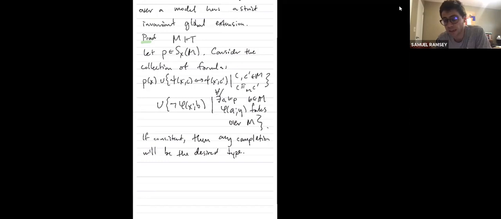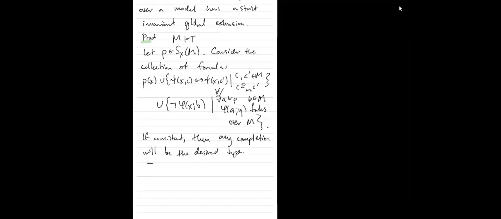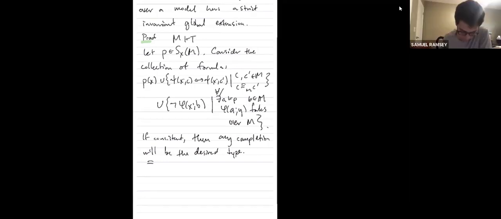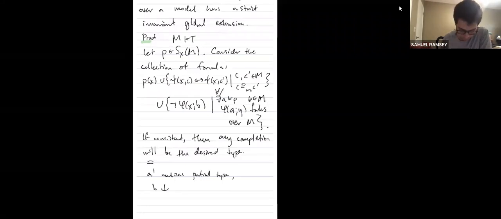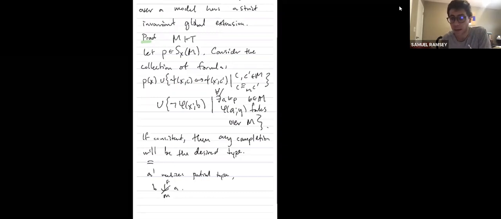So I want to say that φ(a, b) doesn't hold, right? Like the point is, so suppose I take some completion. So suppose I take some a which realizes this partial type. But there's some parameter b living somewhere in the monster model such that b is not forking independent over m with a. So what happens in that case?